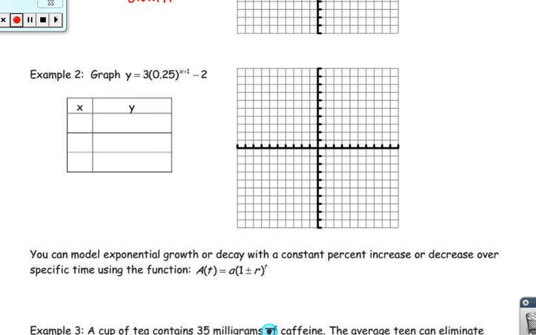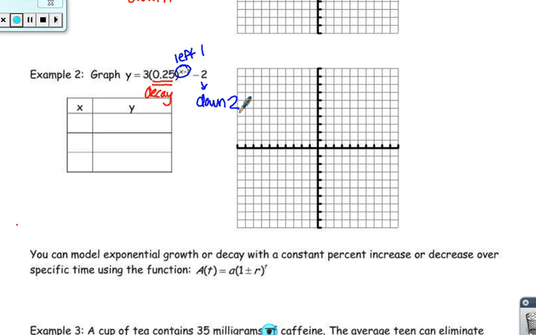Okay, so example 2, in that same sense, if I have 0.25, I know that tells me that this graph is going to be a decay. I know that if I have x plus 1 here, if it's x plus, that moves the graph to the left one. And if I have -2 at the end, that moves my graph down 2.